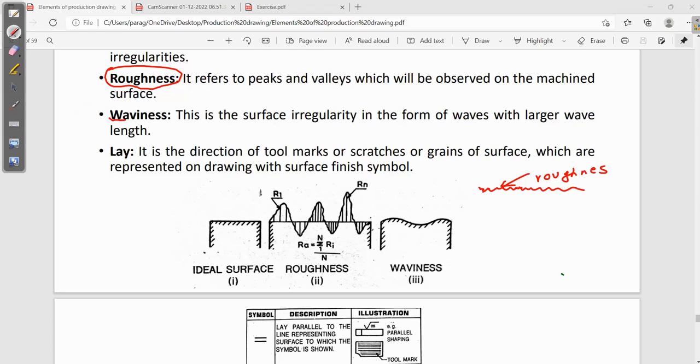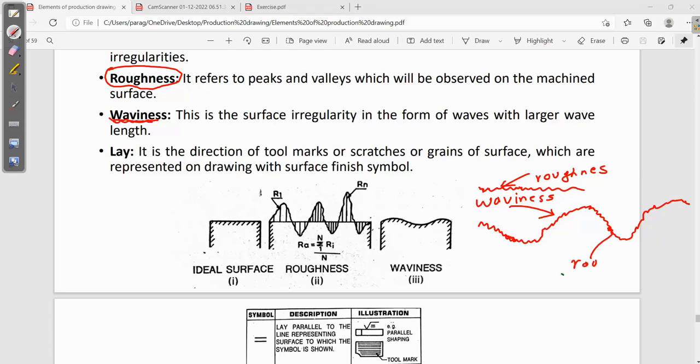Now what is waviness? You should know the difference between roughness and waviness. Suppose the surface is rough and also not uniform. This particular pattern we call waviness.